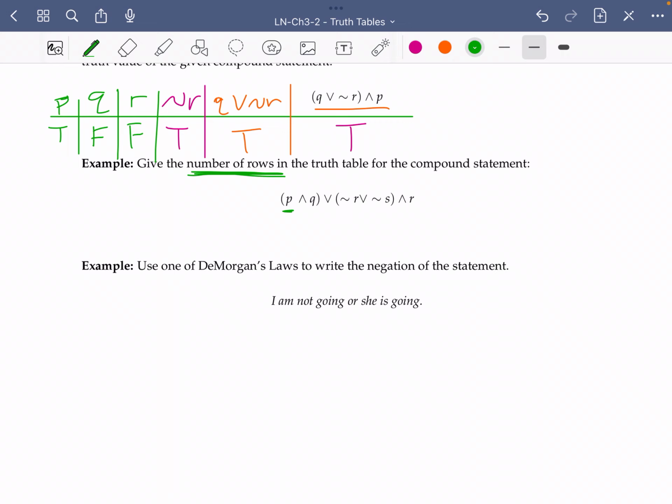We have P, we have Q, we have an R, we have an S, we have another R, but that's not a new letter. So we have 4 distinct letters, 4 distinct statements that are then going to work together to make this giant compound statement.